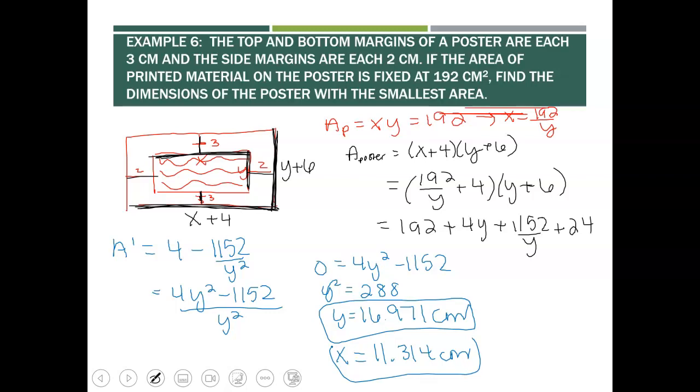So you have to take the 11.31 whatever, and then that becomes 15.31, and then we add 6. So my final answer is 22.971 by 15.31.